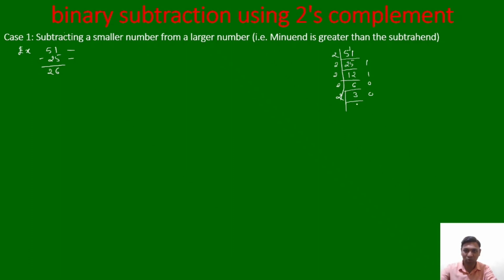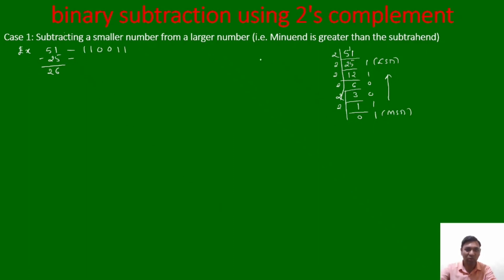Again divide by 2. 2 1's are 2, 1 is the remainder. 2 zeros are 0, and this 1 will become the remainder. The first remainder is called the least significant digit, and the last remainder is called the most significant digit. So we write the binary number from most significant digit to least significant digit. So 51 can be written as 1 1 0 0 1 1.